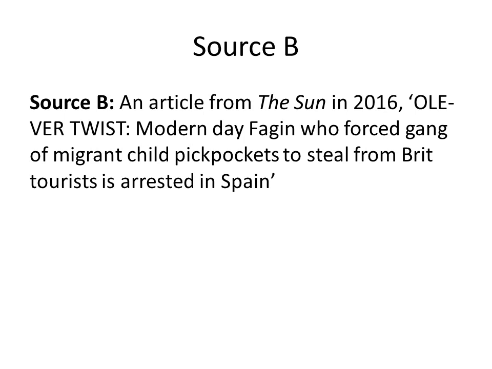Okay, so on to source B now. Source B is a more modern source. It's an article from The Sun, so again another newspaper, in 2016, so much more recently, and it's called "Ole the Twist, modern-day Fagin who forced gang of migrant child pickpockets to steal from Brit tourists is arrested in Spain."